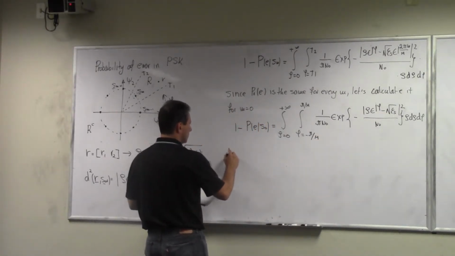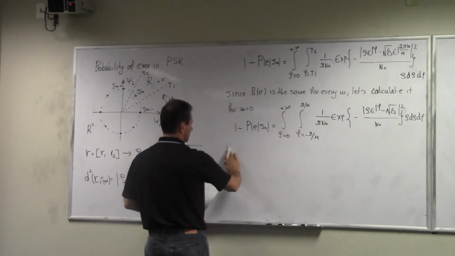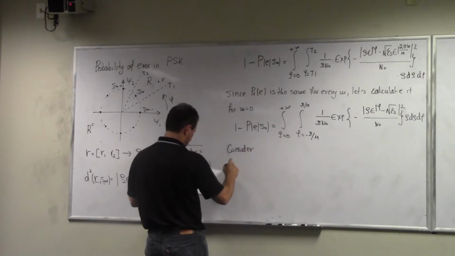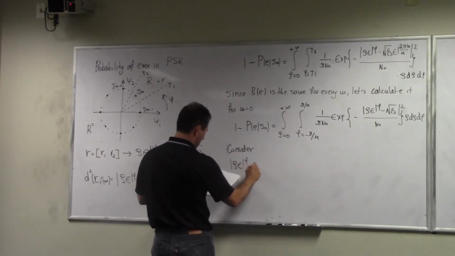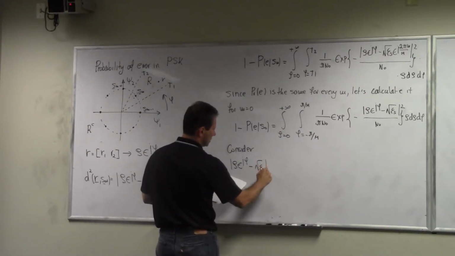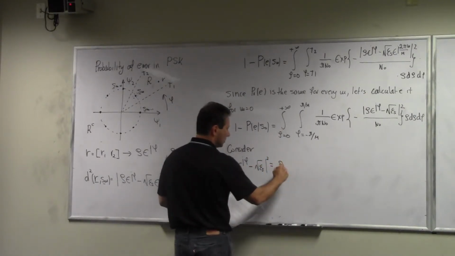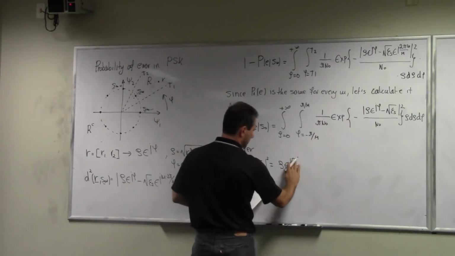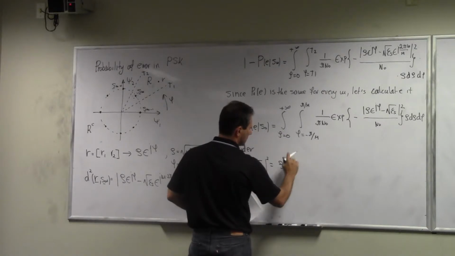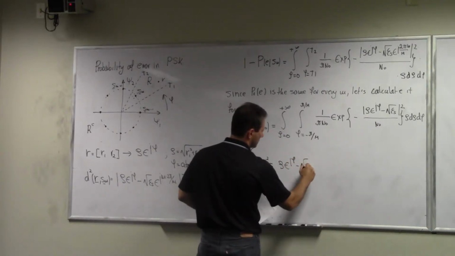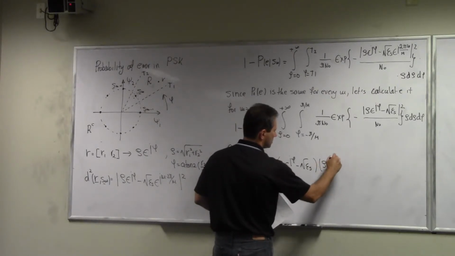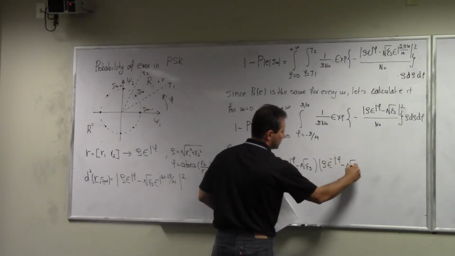Consider the following: the magnitude squared of rho e to the j phi minus square root of epsilon s becomes rho e to the j phi minus square root of epsilon s, multiplying rho e to the minus j phi minus square root of epsilon s.